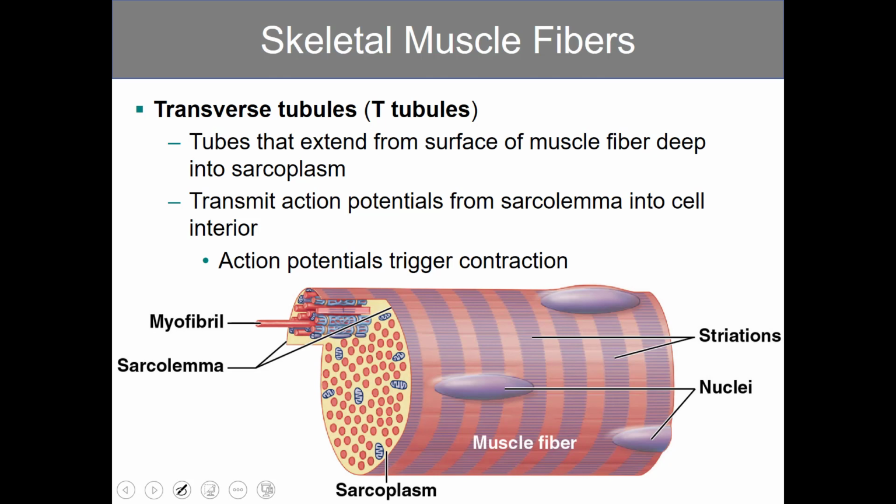And the next organelle is the transverse tubule. Transverse tubules are tubes that extend from the surface of the skeletal muscle fiber deep within the sarcoplasm. And their job is to transmit the electrical impulse or the action potential.